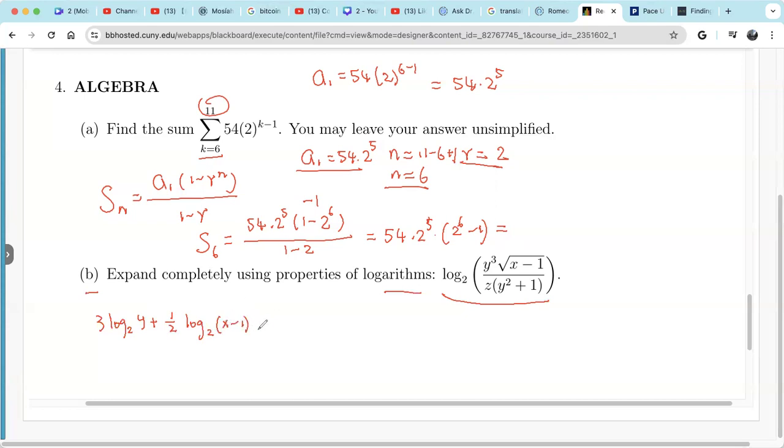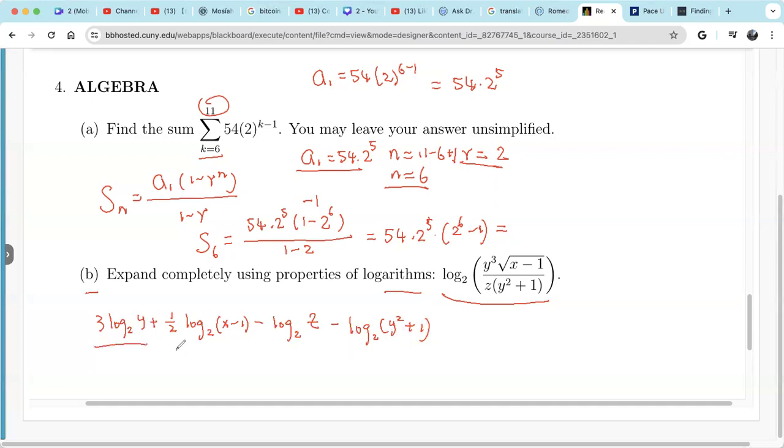That's the numerator, right? The denominator will have minus log base 2 of z, then minus log base 2 of y squared plus 1. And that's it. We cannot split y squared plus 1.